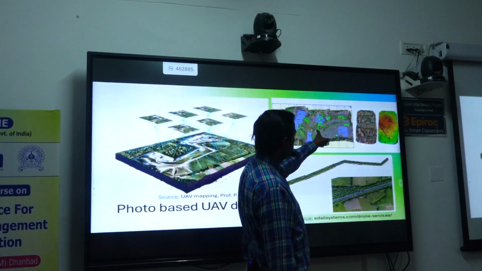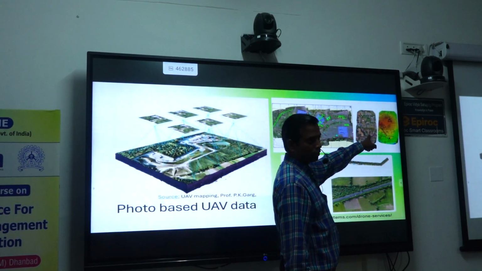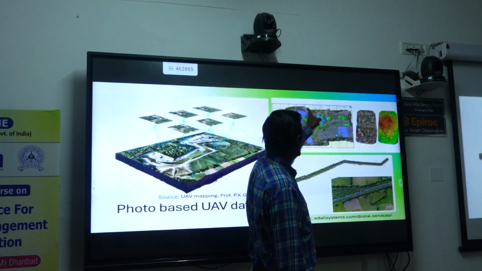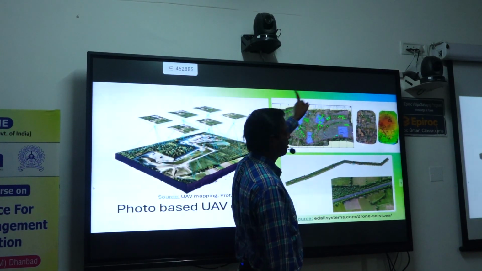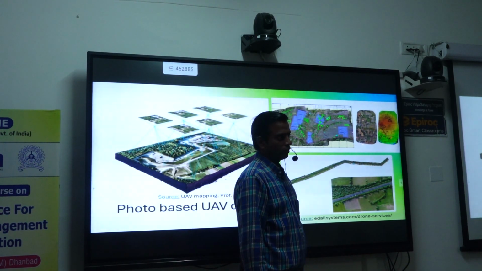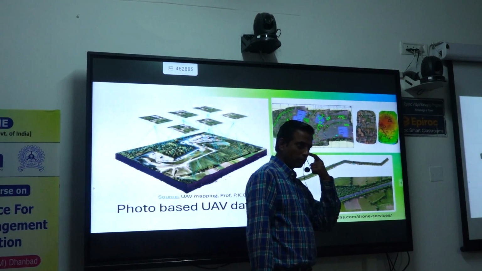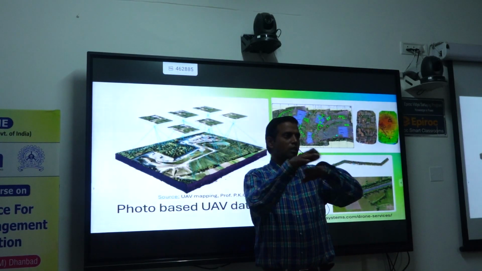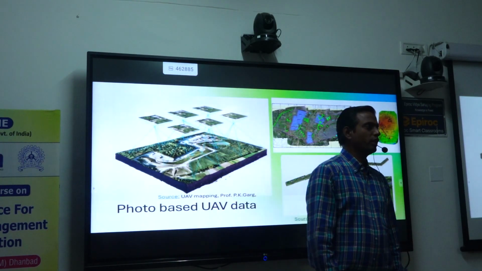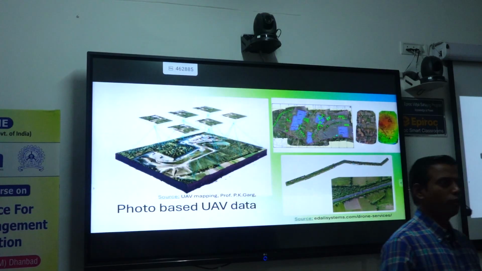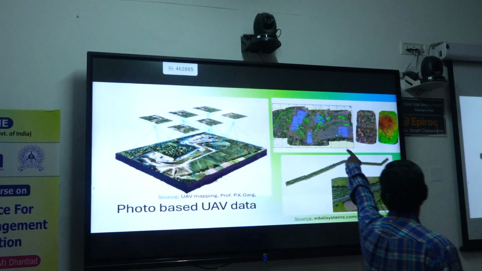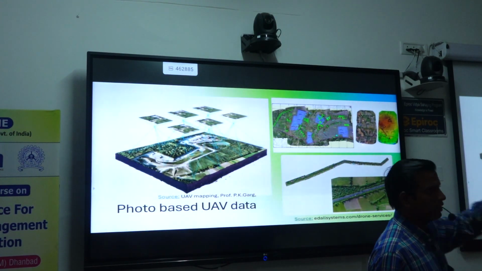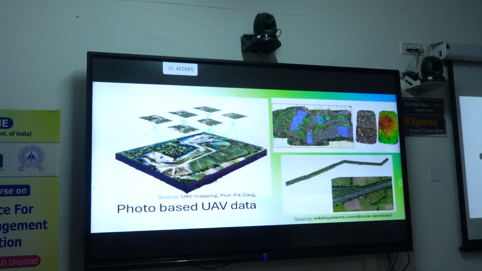Here multiple photographs, this is called a single photograph, and after combining multiple photographs, we call this an ortho mosaic. Now in the photo based UAV collection, multiple photographs are captured, and finally we mosaic all the photographs and get an ortho mosaic. From the ortho mosaic images, you superimpose your surface plan, or an existing plan, and you can digitize the various features.